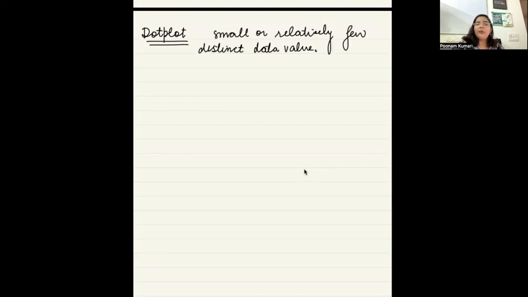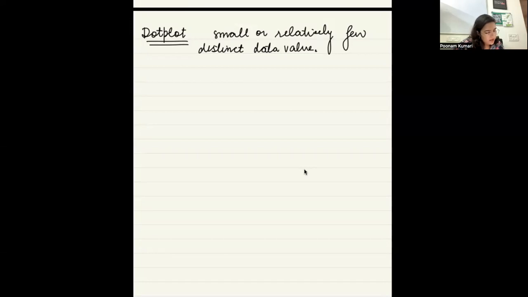In making a dot plot, every single observation is treated like a dot. If the same numbers are repeated, you keep putting a dot above that dot. And if they are distinct, you keep putting them differently on the number line.